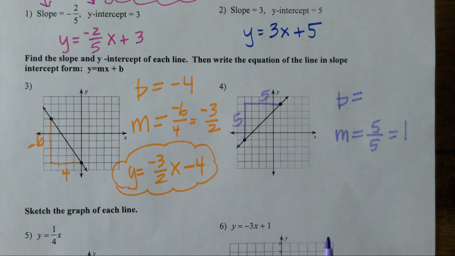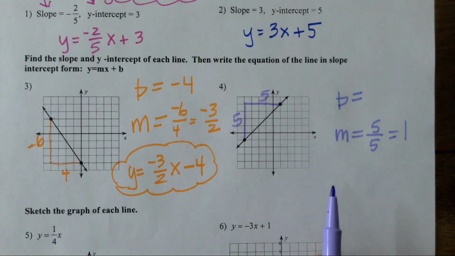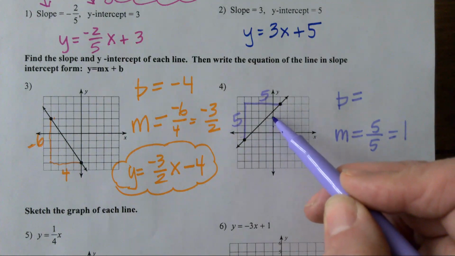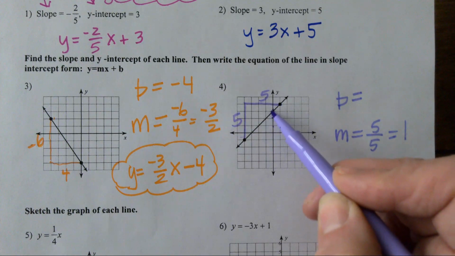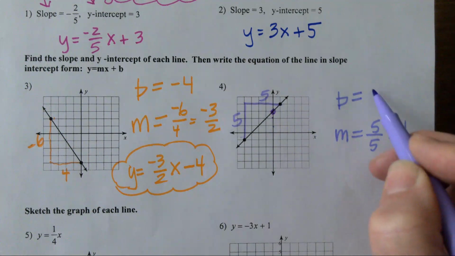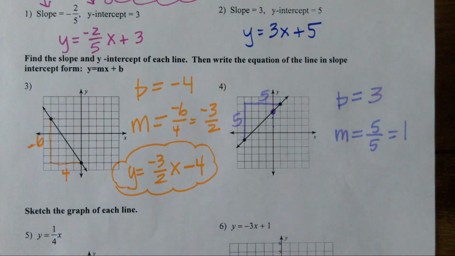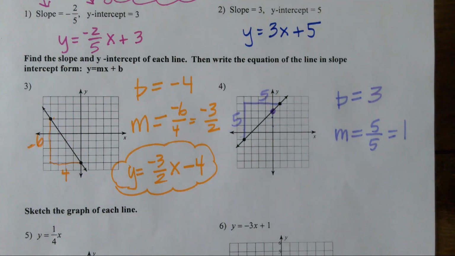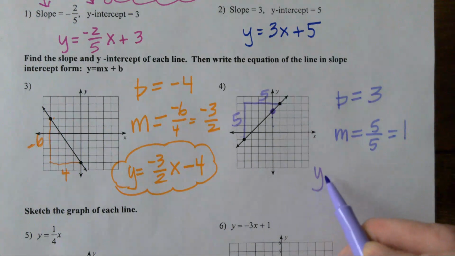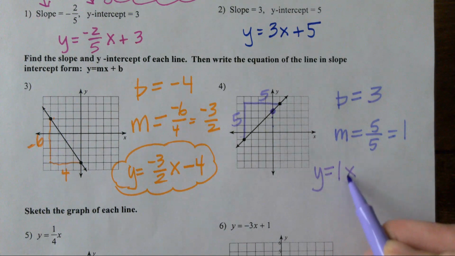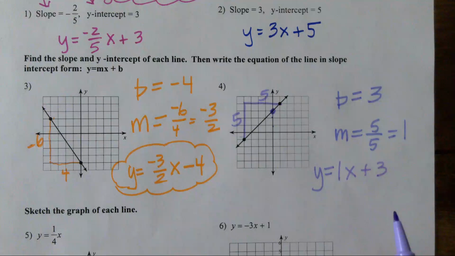And where does it cross the y-axis? 3. Yep, I heard Angela say 3. Thank you. So I'd write this as y equals 1x plus 3. Do I need the 1? Nope.